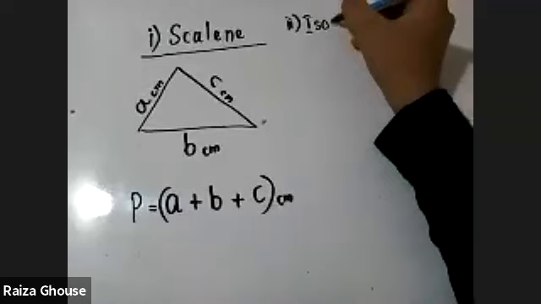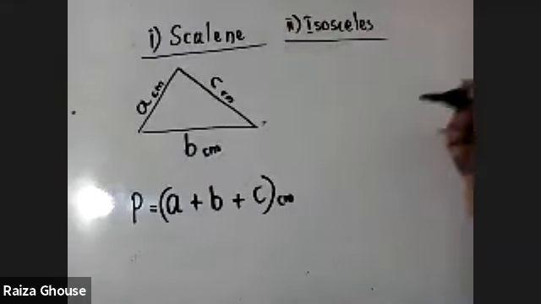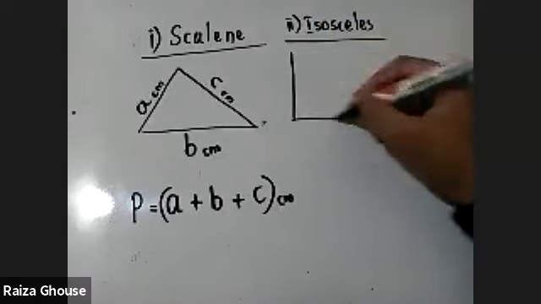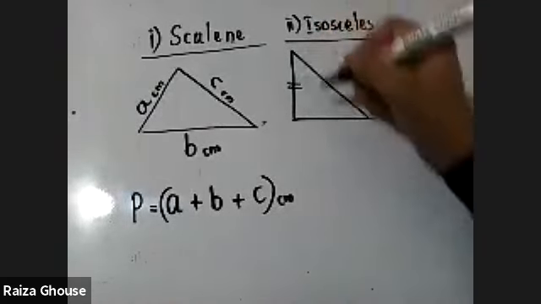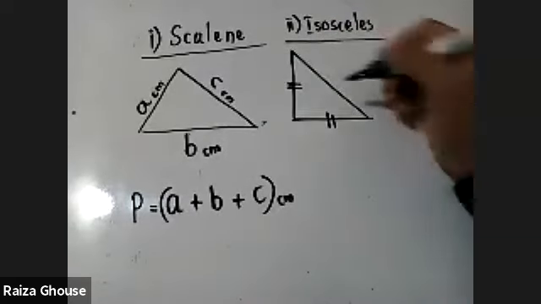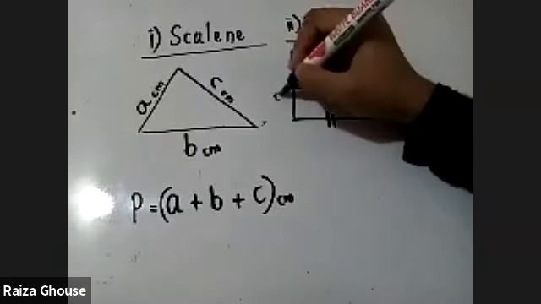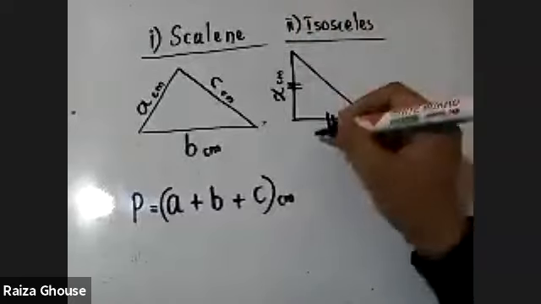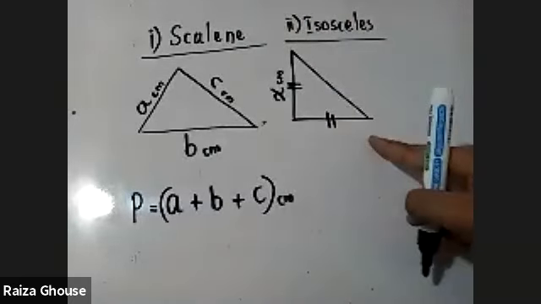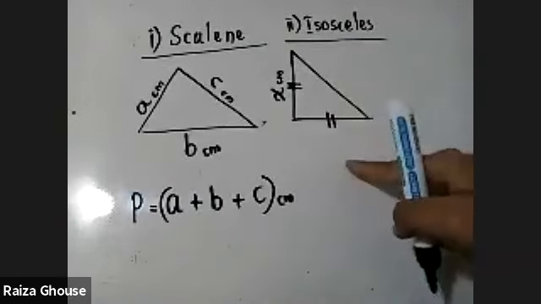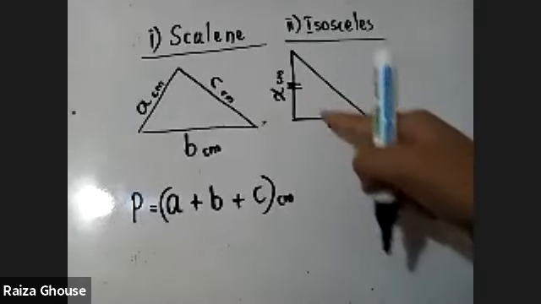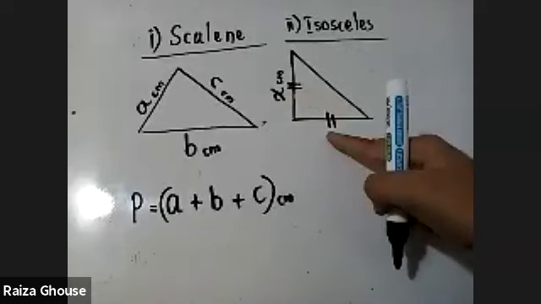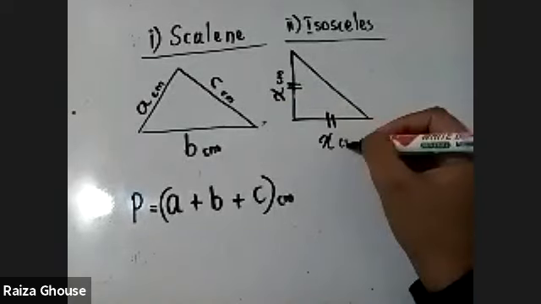Second one, listen carefully. Isosceles triangle. Second triangle is isosceles. Isosceles triangle means two sides are equal. Just tell these two sides are equal. So I'll take, for example, X centimeter. Then this is also, they won't give you here. But you should know, if this is X centimeter, this is also X, because they have put the double line for both of them. So this is also X centimeter.